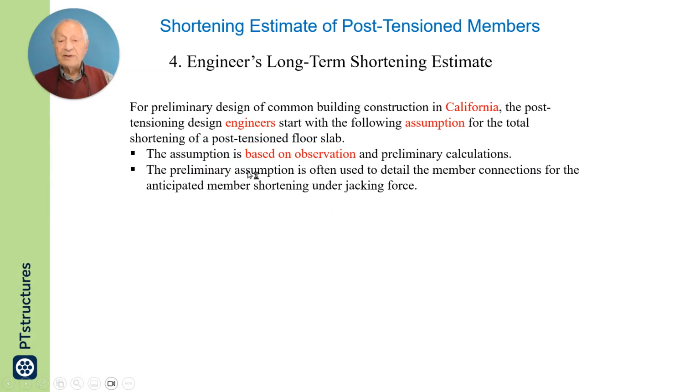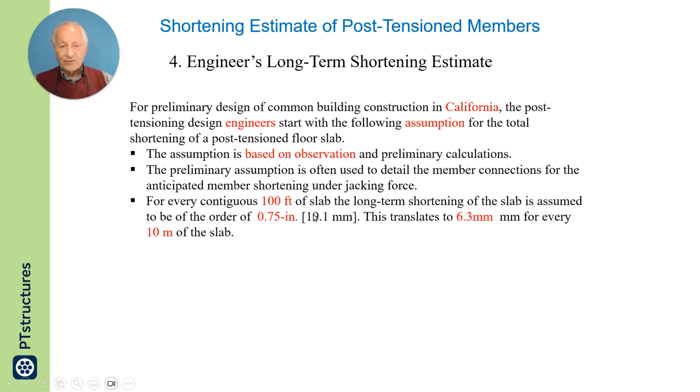The preliminary assumption is often used to detail the member connections for the anticipated member shortening on the jacking force. So the estimate is intended to be used for detailing of the project.